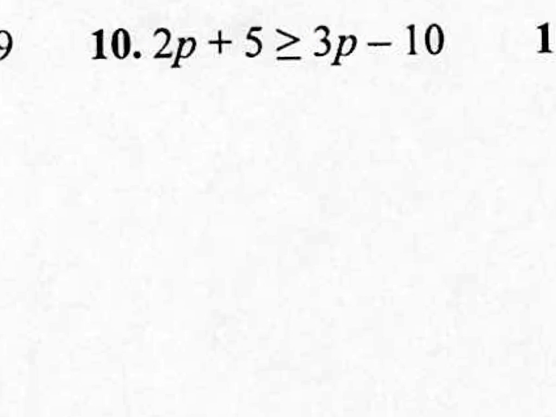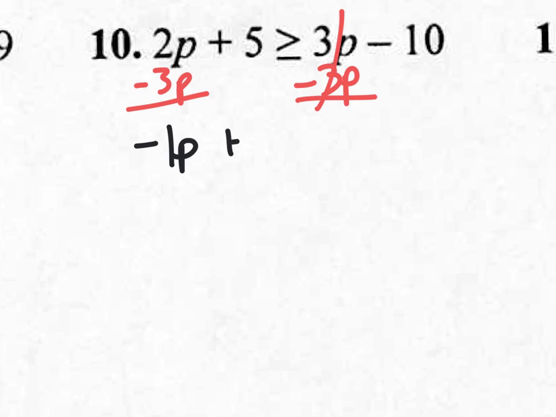I'm going to get rid of the 3p by subtracting 3p. Now you don't have to get rid of the 3p, but I'm getting rid of the 3p by subtracting 3p. And what I do to one side, I have to do to the other side. So I'm going to subtract 3p over here. My new inequality is going to be negative 1p plus 5 is greater than or equal to negative 10.